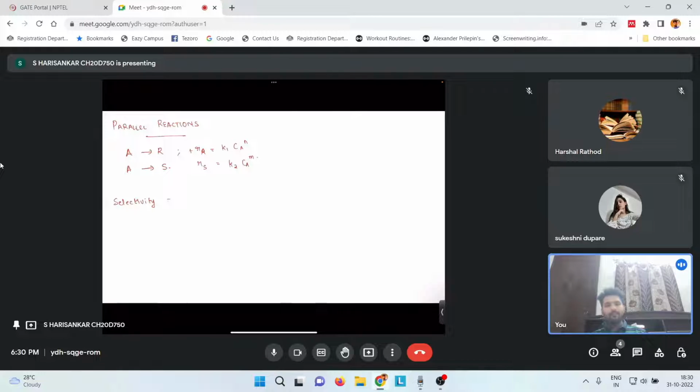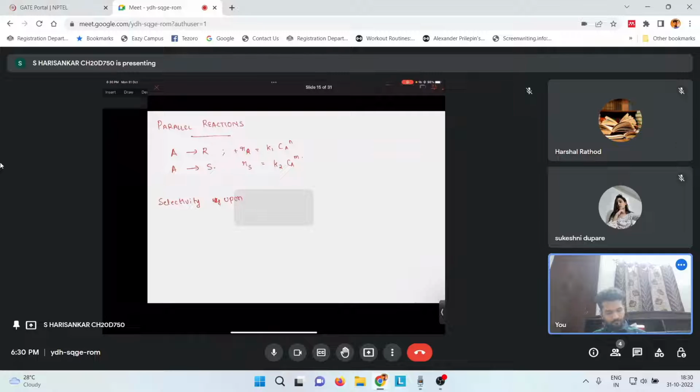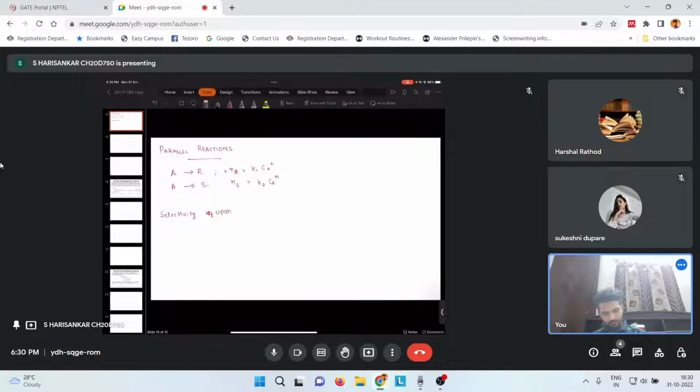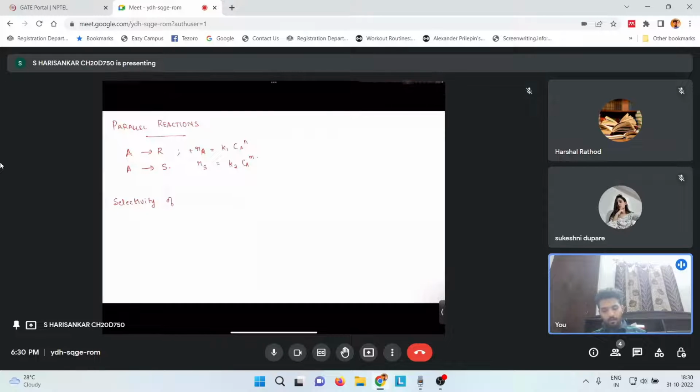So basically selectivity of R upon S will basically be the rate of formation of R by the rate of formation of S.